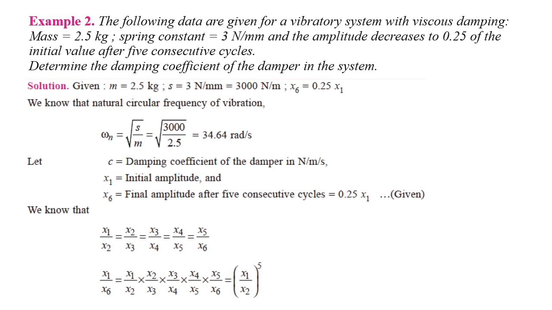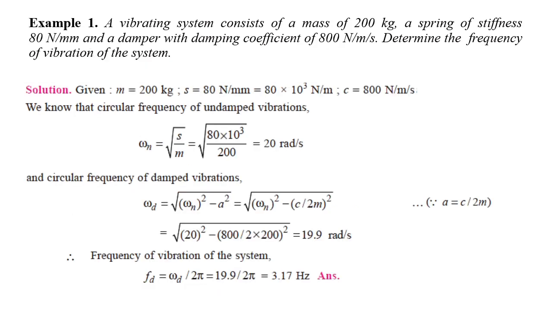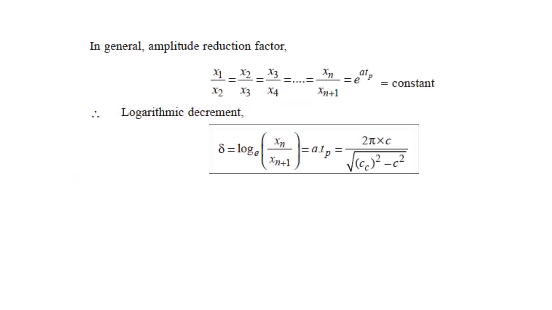Now we know the formula of logarithmic decrement: logarithmic decrement is equal to log to the base e of x1 upon x2, which is equal to twice pi a upon square root of omega n square minus a square. Previously we studied the formula delta is equal to twice pi c upon square root of cc square minus c square.